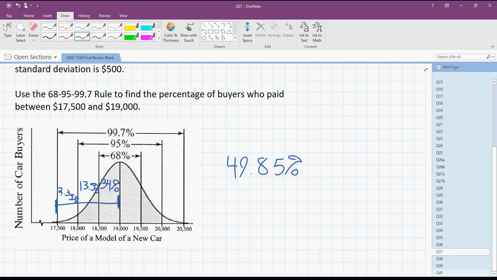Number 38 is going to be just like this, although they're not giving you the picture. You need to make your own picture. What's up, John? Did you take the 2.35 and add it with the 13.5 and add it with the 34? Because those are the percentages we're dealing with.